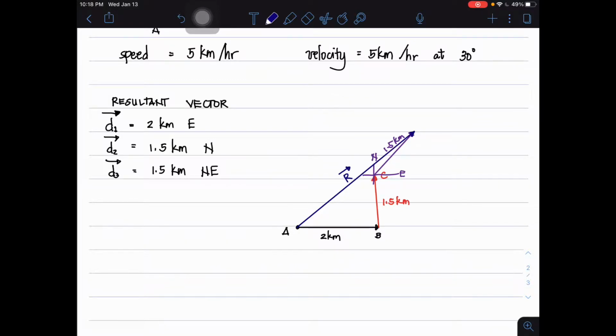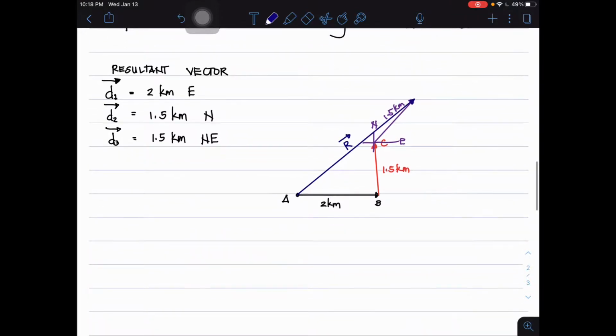Next is using the parallelogram method. For the parallelogram method, you're going to be doing it 2 vectors at a time. So let me show you. What you want to do is get the first 2 vectors.